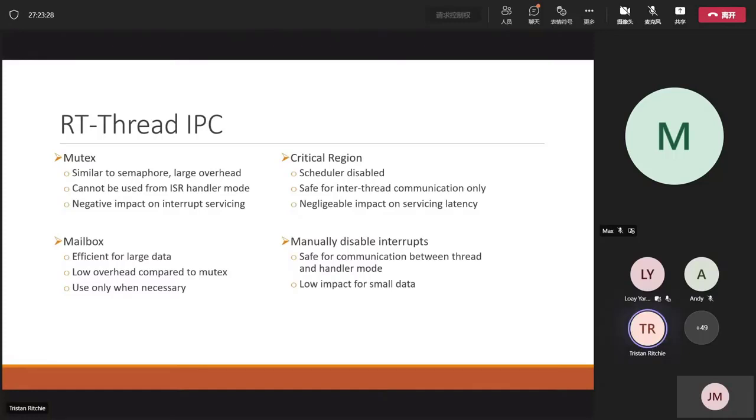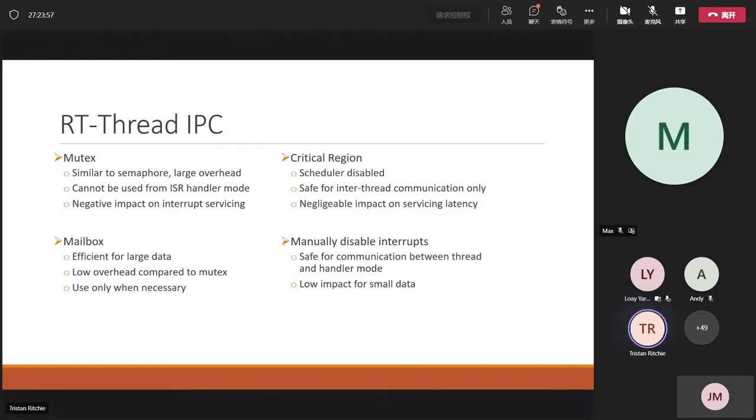The disadvantage of the critical region is that, like the mutex, it cannot be used to moderate shared access to a shared memory resource between an interrupt handler and a thread. For this, we should simply manually disable interrupts. This has the effect of disabling the scheduler, but also disabling other interrupts, so it cannot be preempted.